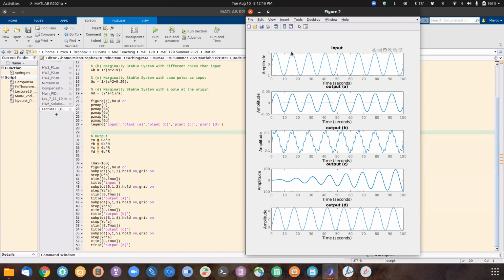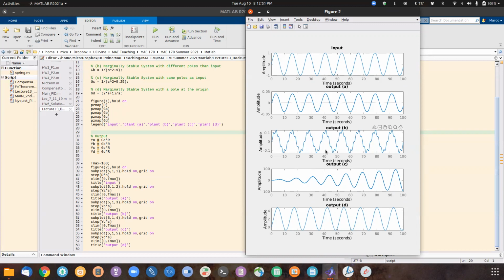That is, the peak between 10 and 20 seconds for the input corresponds to the peak between 10 and 20 seconds for output A. But generally speaking, these two signals are not in phase. There is generally an angle between the two. So in other words, output A can lag or lead with respect to the input.